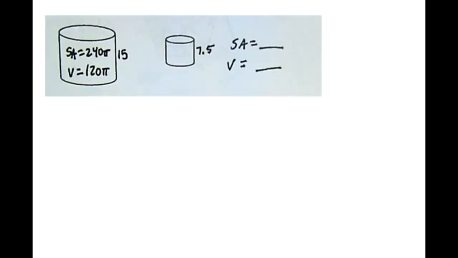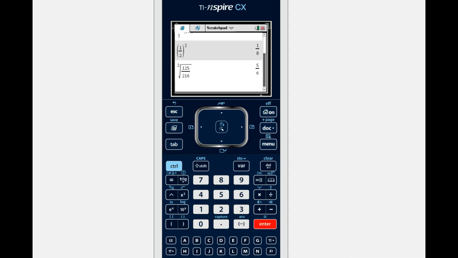So let's do one more example problem. I've got to find a missing surface area and a missing volume. So the first thing I'm going to do is set up my ratio. Okay, but I want a simplified fraction. So I'm going to go over to my calculator and enter 7.5 divided by 15.